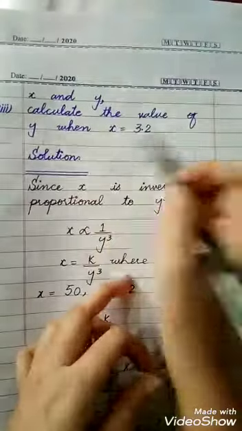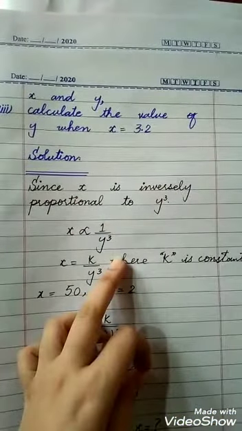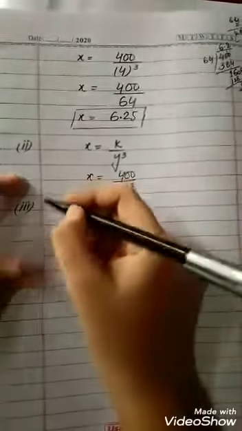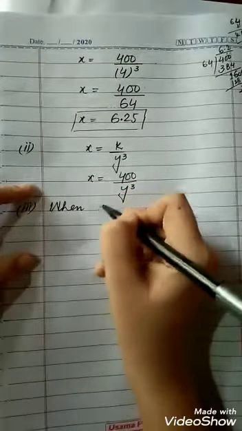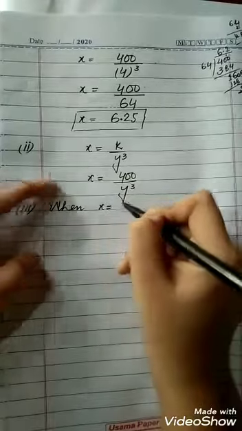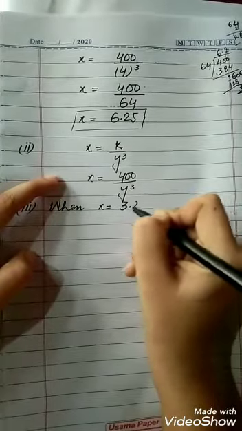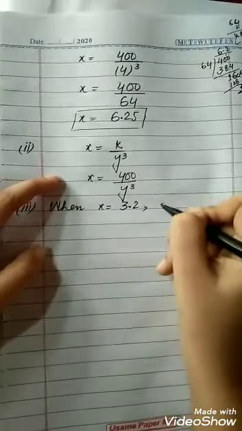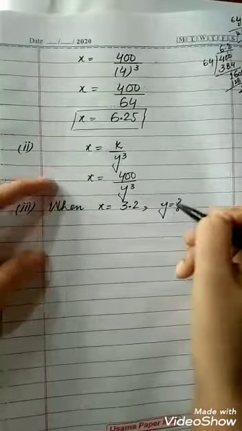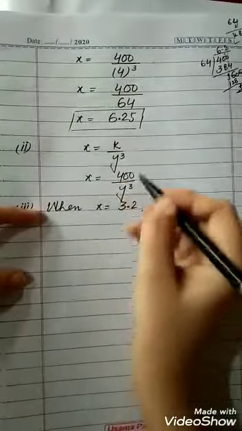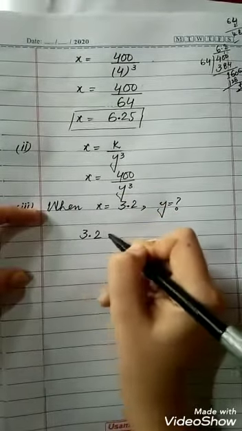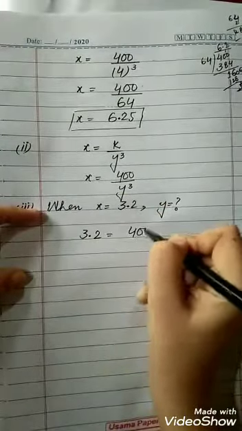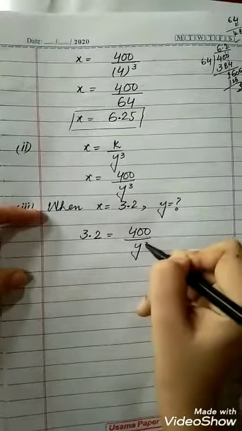Part 3 is calculate the value of y when x is equal to 3.2. When x is equal to 3.2, we have to find y. We will place the values in this equation. x is equal to 3.2, which is equal to 400 by y cube.